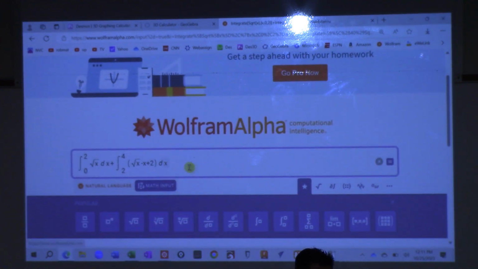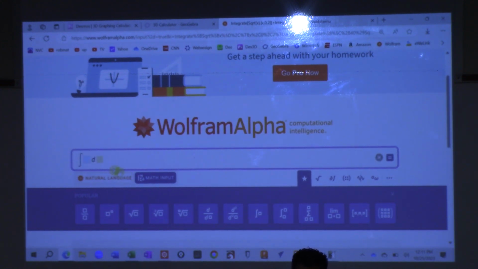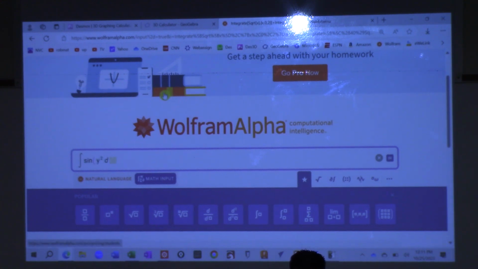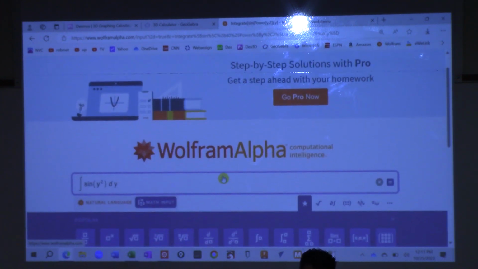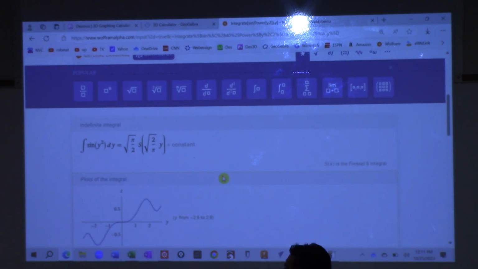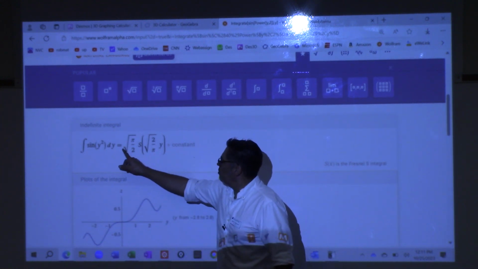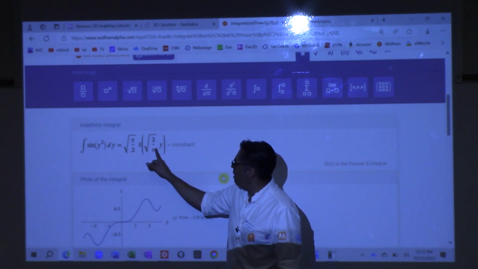Let's see what Wolfram says. I'm going to put in just the antiderivative of sine of y squared with respect to y. It gives me square root of pi over 2 times capital S of the square root of 2 over pi y.